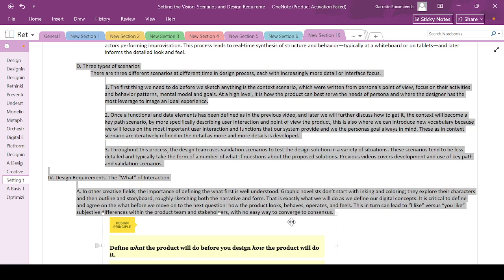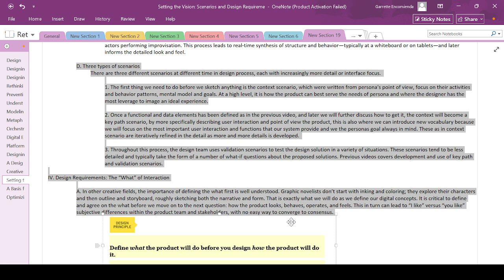It focuses on their activities and behavior patterns, mental models, and goals. At a high level, it is how the product can best serve the needs of the persona and where the designer has the most leverage to imagine an ideal experience. So this is where the designer can be creative.